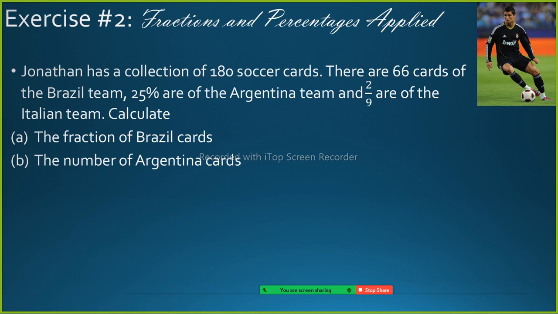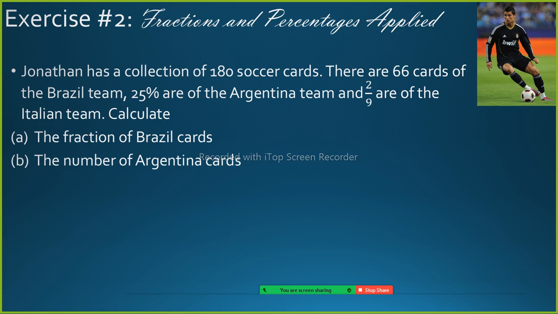So we're dealing with soccer this time. We already looked at hockey, we already looked at basketball, and now we're looking at soccer. Basically the same question. We have 180 soccer cards. 25% of them are Argentina, 66 of them are from the Brazil team, and 2 over 9 of them are from the Italian team.